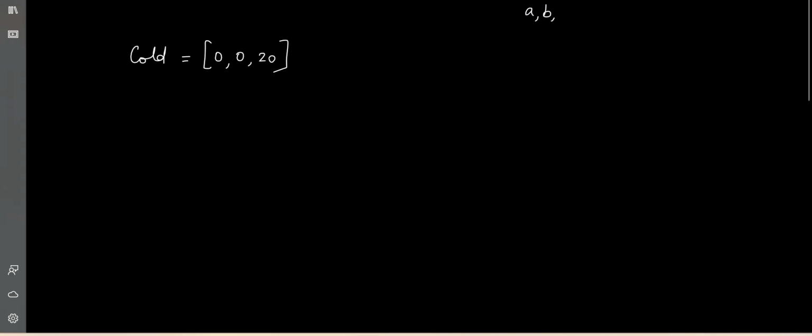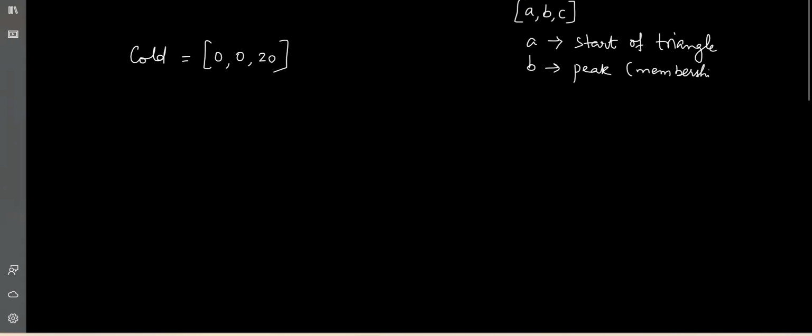So we have these three values defined, wherein A represents the start of the triangle, and B is the peak value in that particular membership. So the membership value is equal to 1 at this input value B.